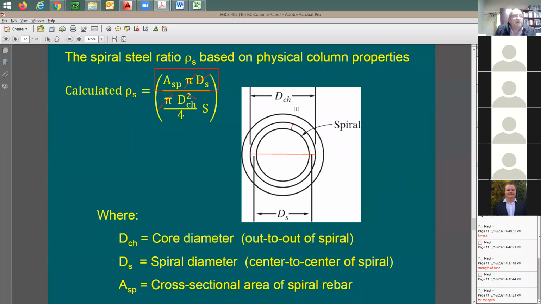So the steel ratio in one direction equals 2 Asp for the spiral divided by Dch multiplied by S. And of course, this is divided by both of them, right?